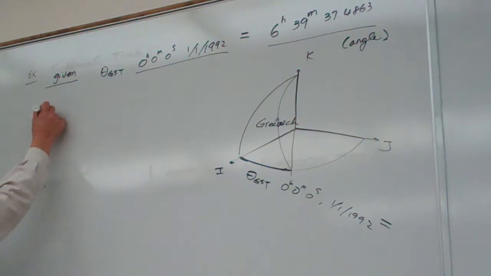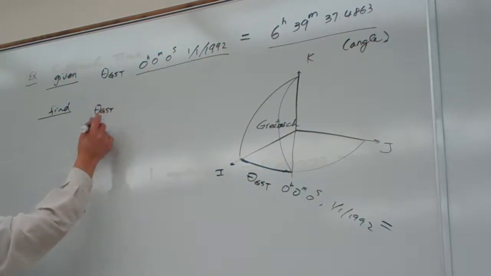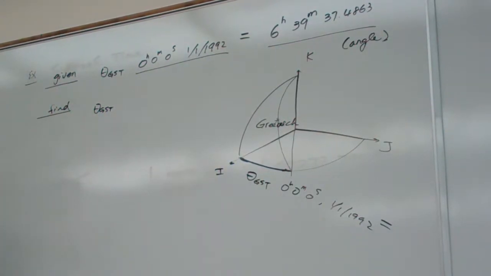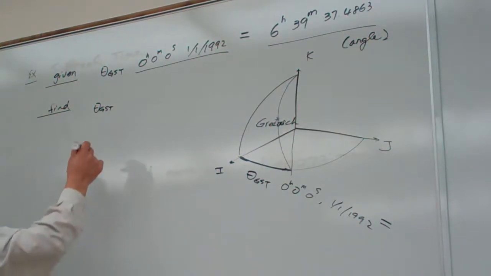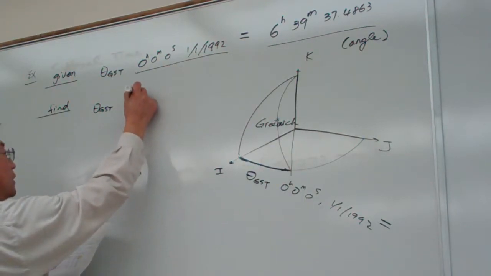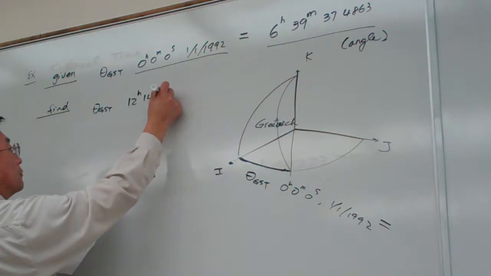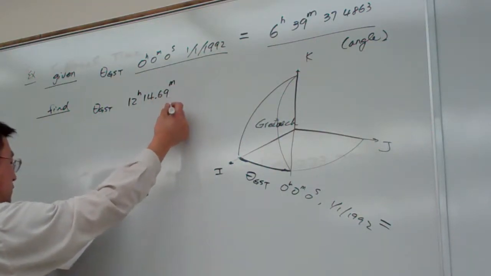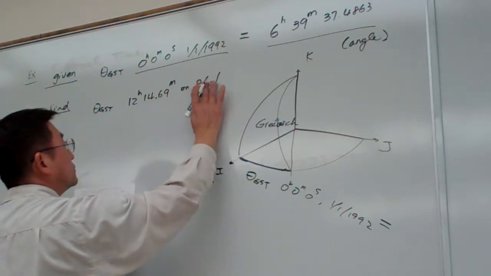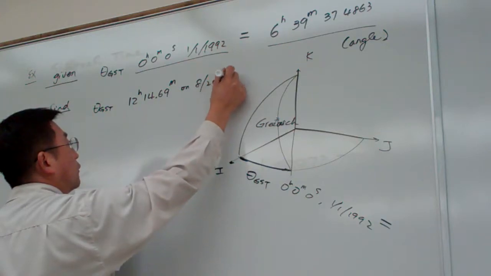So now we want to find theta GST. The same thing, we want to know where the Greenwich longitude is in space. The launch time is August 20, 1992.